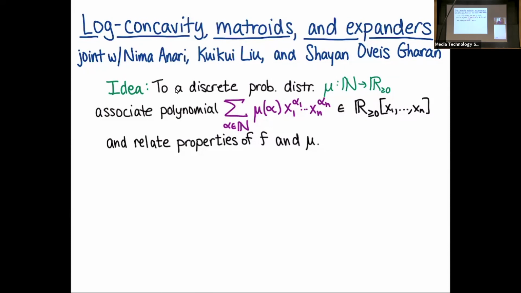So in almost all of my examples, by a finite probability distribution, I really just mean finite collections of n-tuples of non-negative numbers.